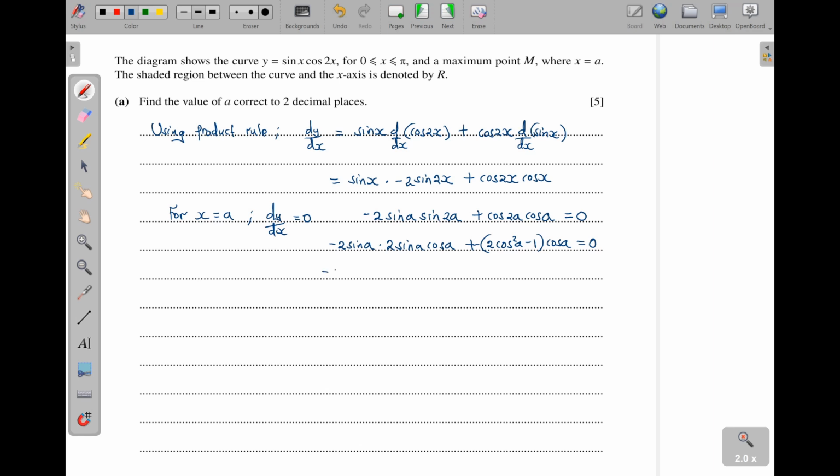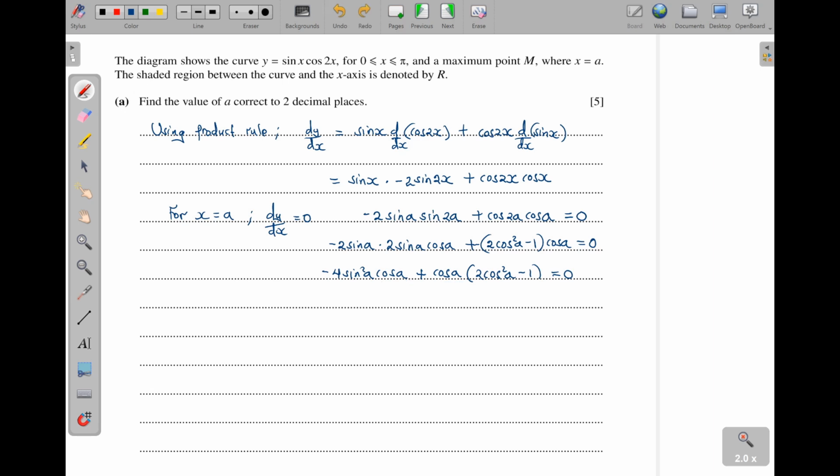So here we have negative 4 sine squared a cosine of a, and then plus cos of a, then 2 cos squared a minus 1, which is equal to 0. Now cos a is common here and here.